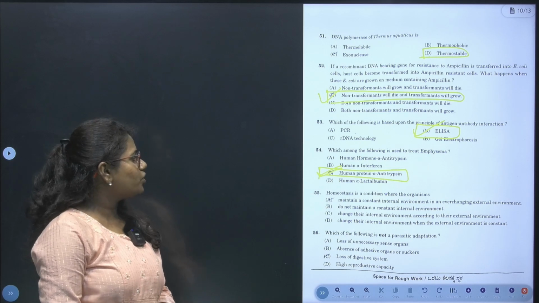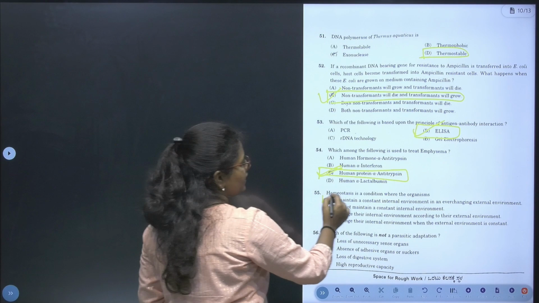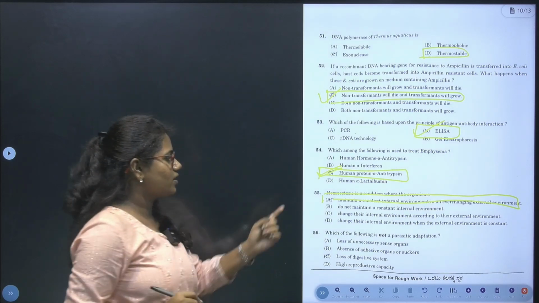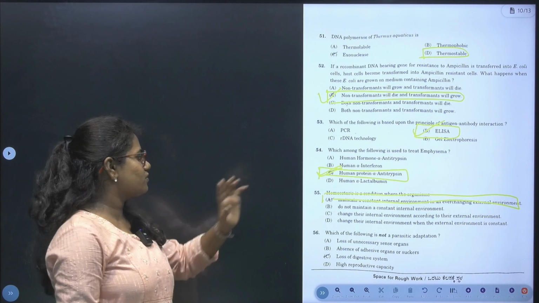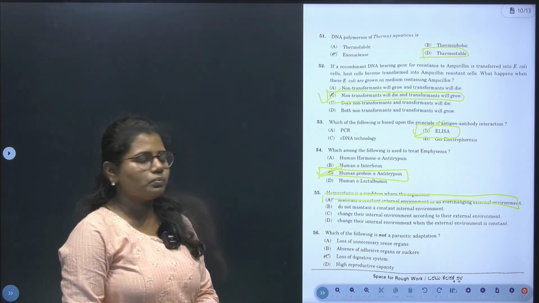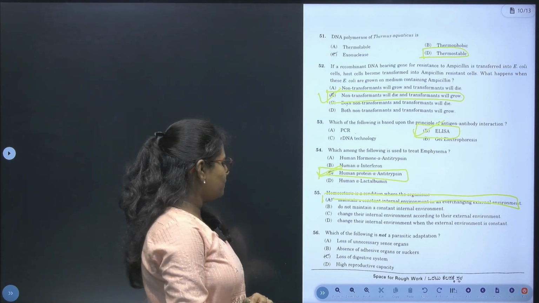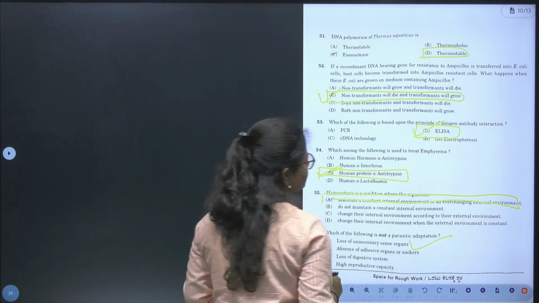Next, homeostasis is a condition where the organism maintains a constant internal environment in an ever changing external environment. That is option A is the correct answer, and this is from the chapter organism and population. Next question, which of the following is not a parasitic adaptation? We know that parasites have lost their unnecessary sense organs.